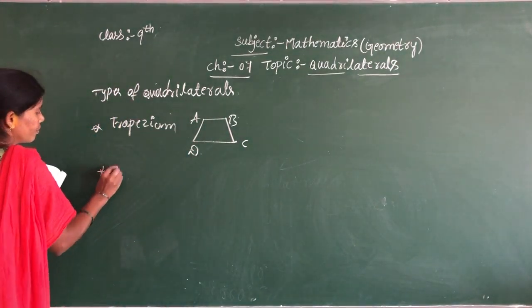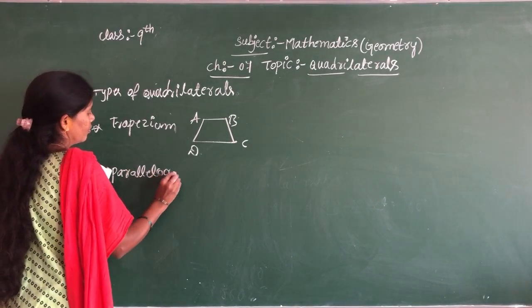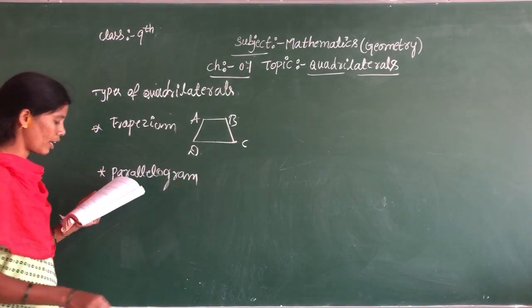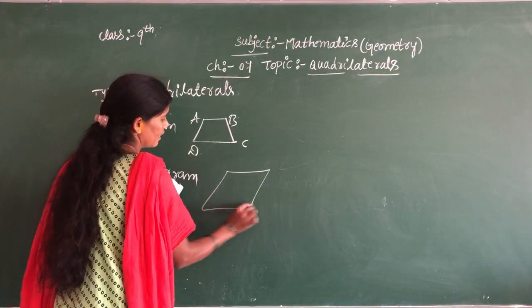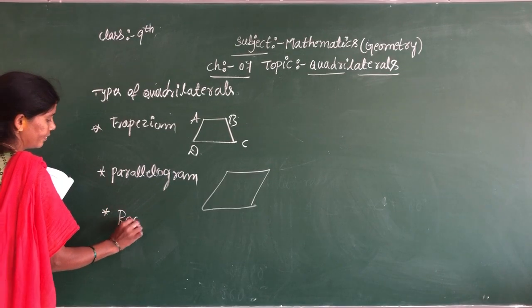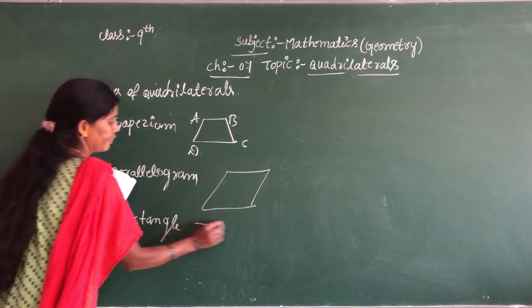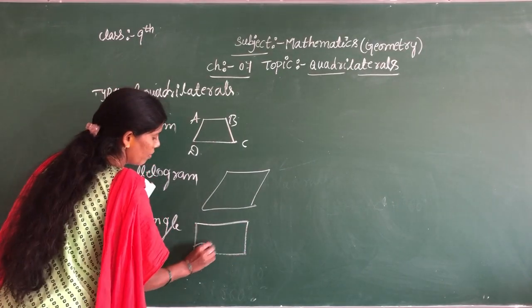Parallelogram, like this. Third one is rectangle. In a rectangle the angle will be 90 degrees.